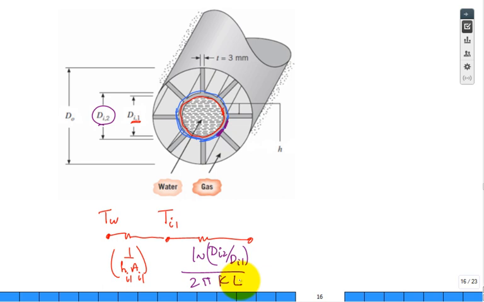That's conduction through a layer in a cylindrical configuration. Often we think about insulation around a pipe. And so that's out of, I forget, chapter 2, maybe chapter 3. Okay. So now I finally have it out to this temperature, which is the temperature Ti2. How do I get from Ti2 to the gas temperature?